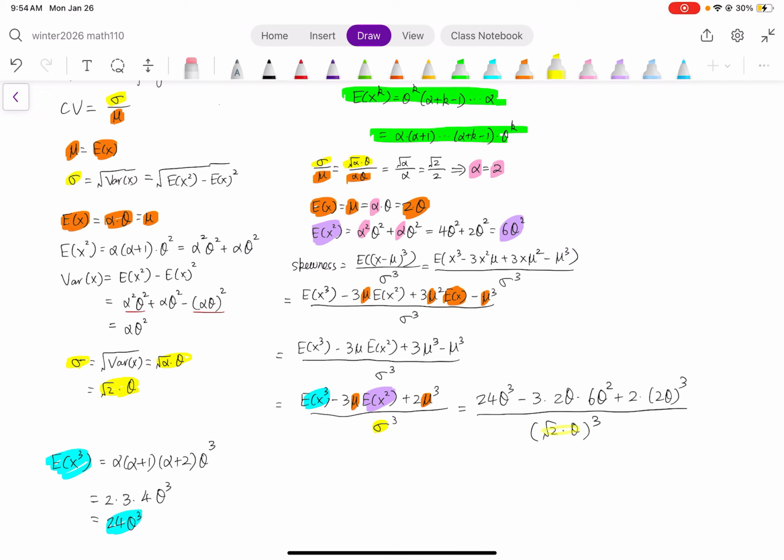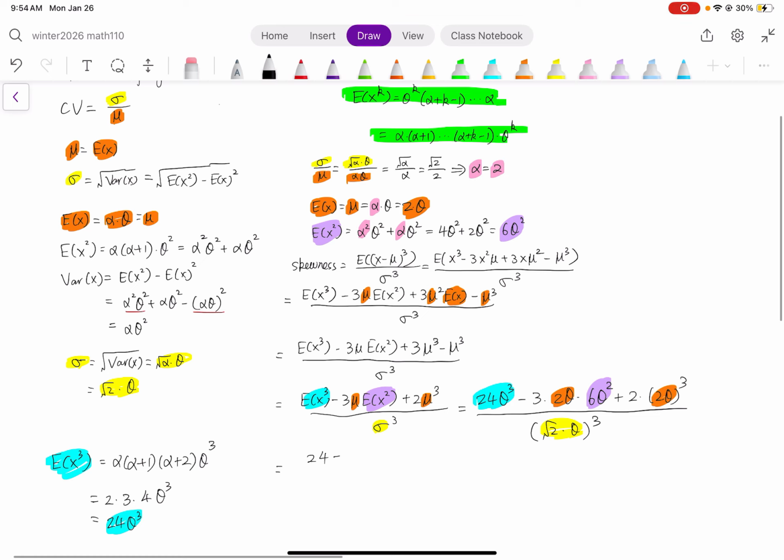This comes from the standard deviation. This is our mu, this is our second moment, and this is our third moment. You should realize they all have theta to the third.